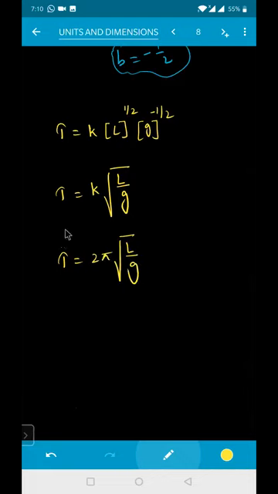I can write this under root: T equals some constant K into root of L by G. This constant is an experimental value. T is equal to 2 pi under root of L by G. Is it clear? So this will be the relation: T equals 2 pi under root of L by G.